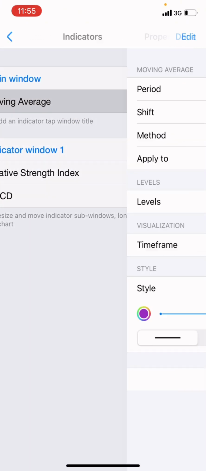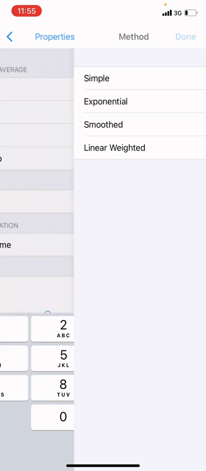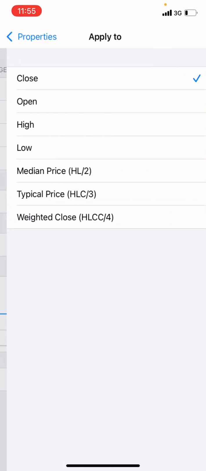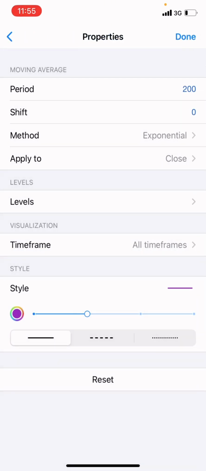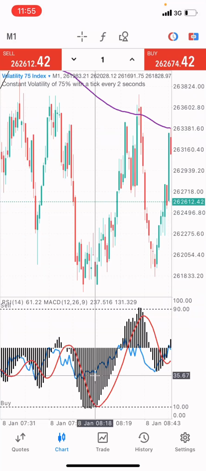And the moving average: the period is 200, shift 0, apply to exponential, the method is exponential, and you apply to close. Don't add any levels, while the style is going to be 2 pixel, and you are using the purple line. Then you click on done.